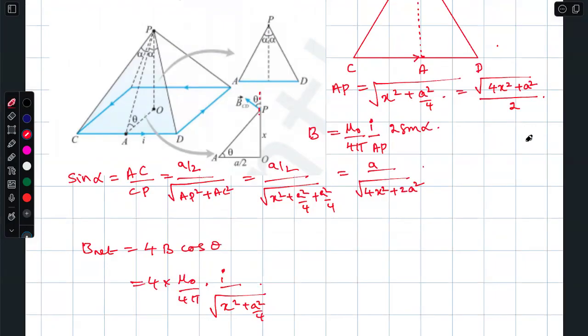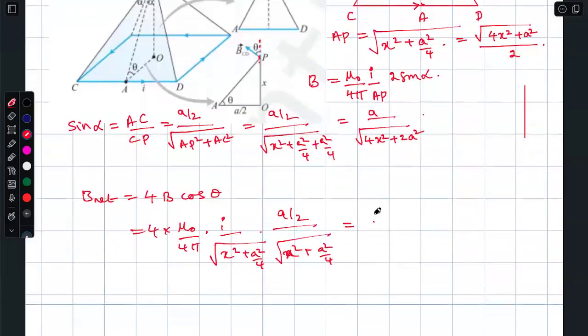Cos theta is, in this triangle, A by 2 by root of x square plus A square by 4. So finally, this is equal to mu naught by 2 pi I A by x square plus A square by 4. Any doubts?